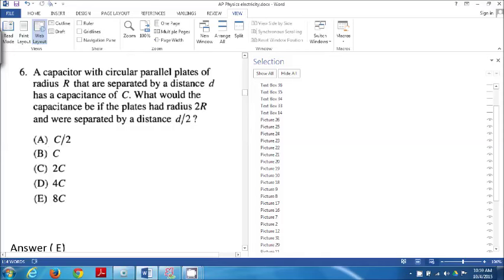Once the radius is increased to 2R, the area increases by 4, since area is pi r squared. And because the distance is decreased by 2, there is a further multiplication of 2. So the area by 4, and d by 2 gives a multiplication of 2, so the capacitance increases by 8. The answer is 8C, so that is E.